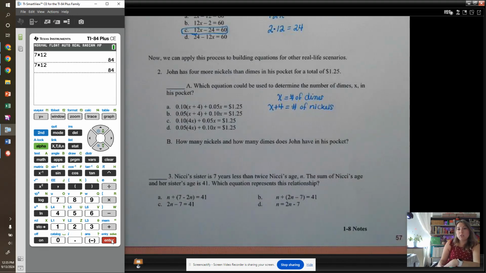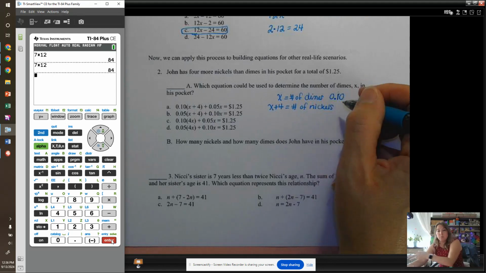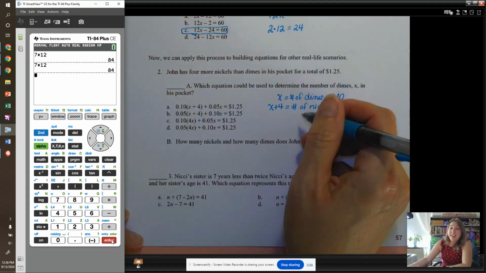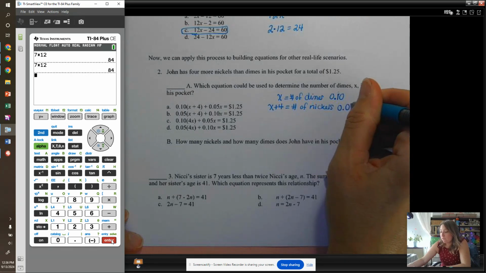Now, when it comes to money, change, dollar bills, that type of thing, we need to know what each type is worth. Dimes are worth 0.10 or 10 cents, right? So we have that 10 behind the decimal. And nickels are worth $0.05, 5 cents.